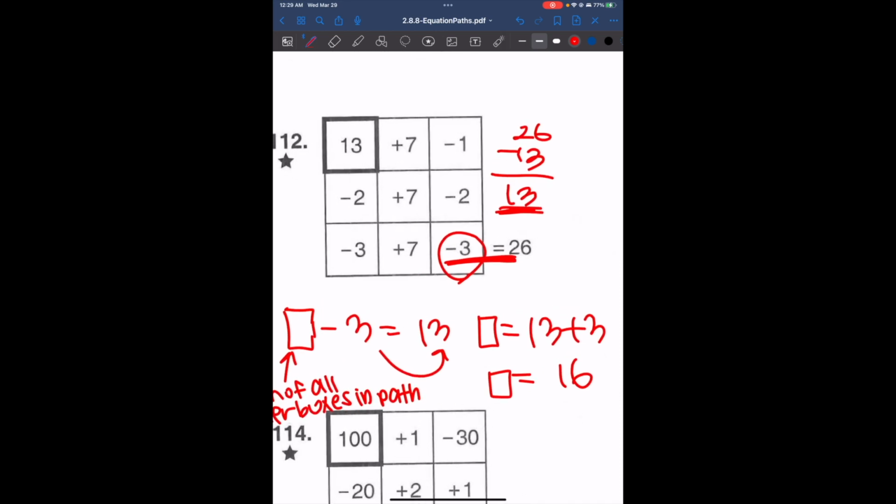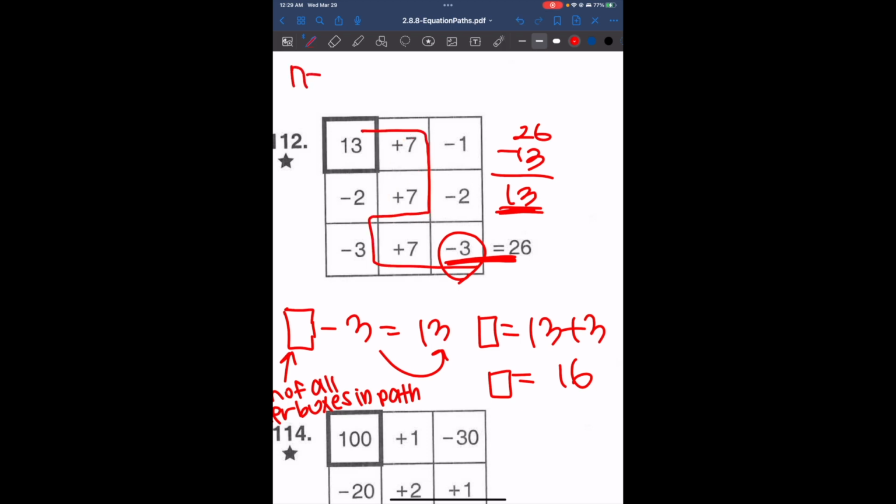And that tells us that, not thinking of the -3, all other numbers involved in the path must equal 16, so that when we come to the end and subtract 3, it gives us 13. And so looking at that, we want to try looking at this path. We have three 7s involved in this path.